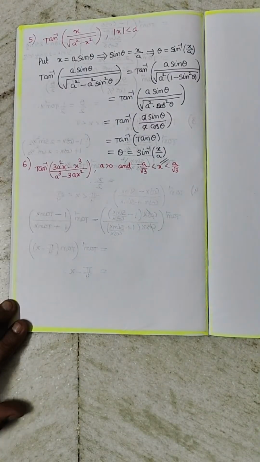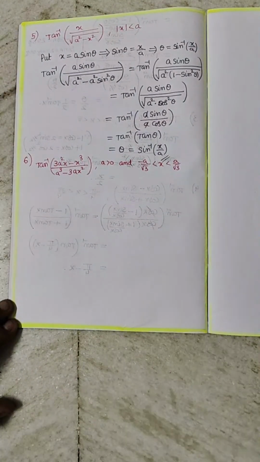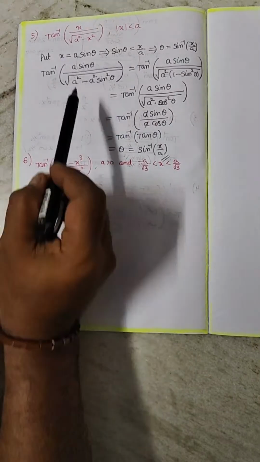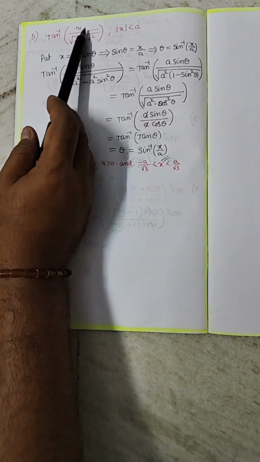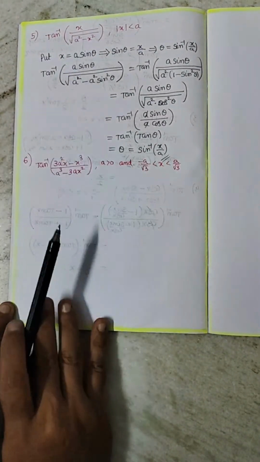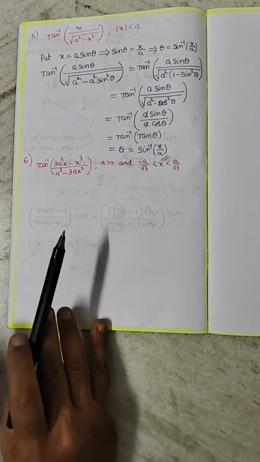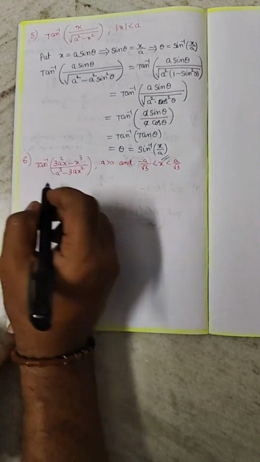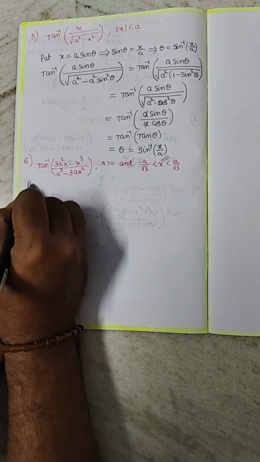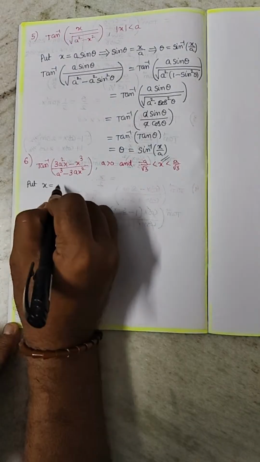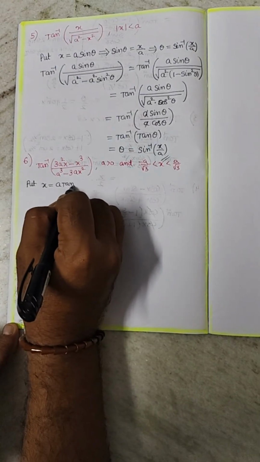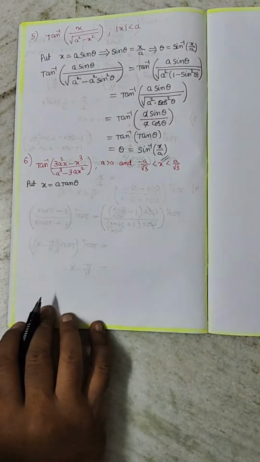See, in what way can we get to this answer? In the previous question, a square was there, so for x we took a sin theta. Even here, by observing the data, in the bracket I want to get tan. So put x is equal to a tan theta. Sir, how can you know whether to take a tan theta, a sin theta or a cos theta?